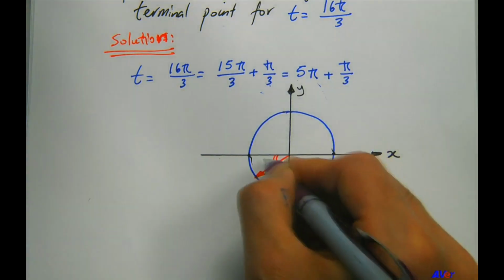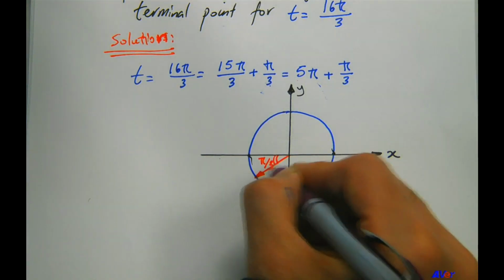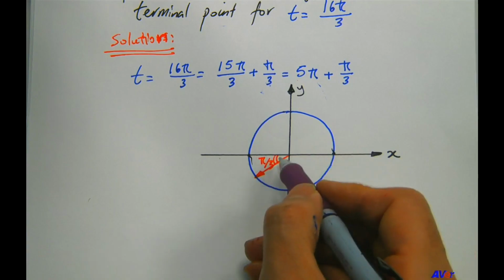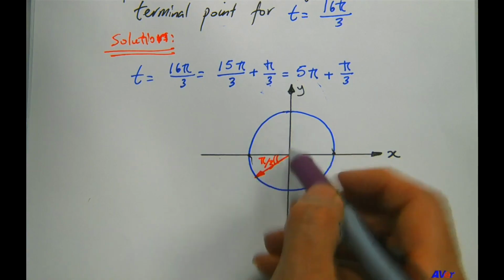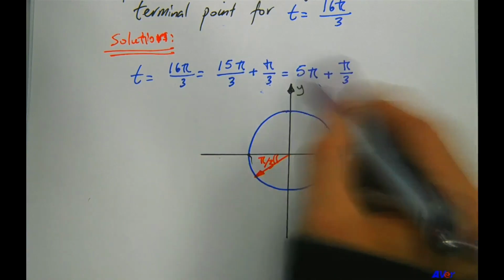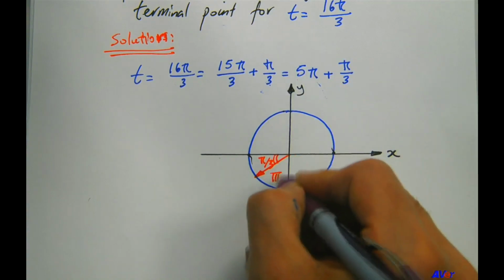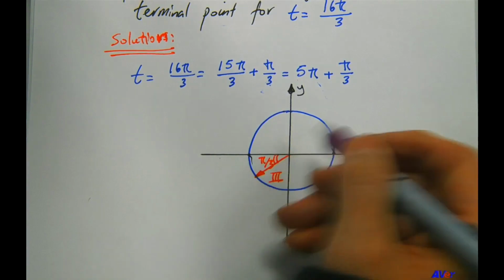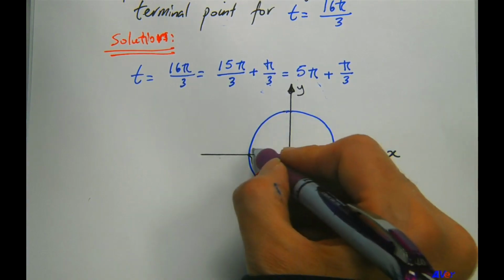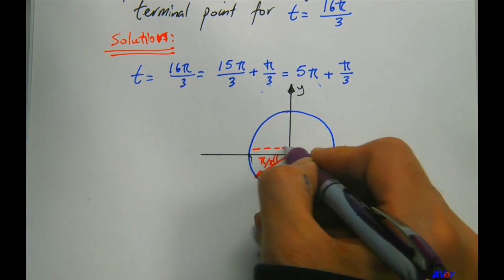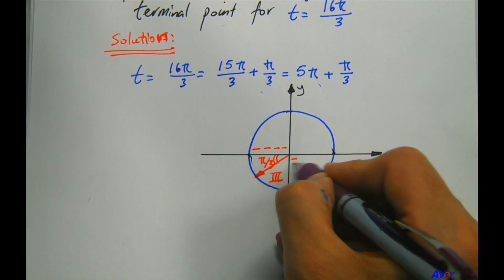So we know that that is pi over 3. Most importantly, the result of this is that we're in the third quadrant here. So what happens in the third quadrant? Well, the x-axis is negative, and the y-axis is negative.